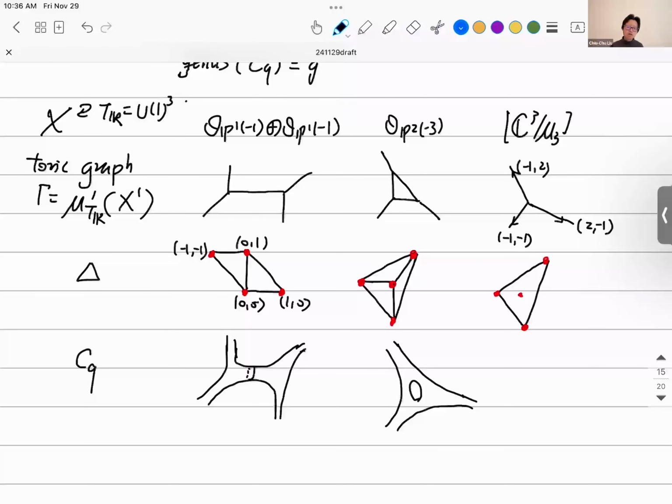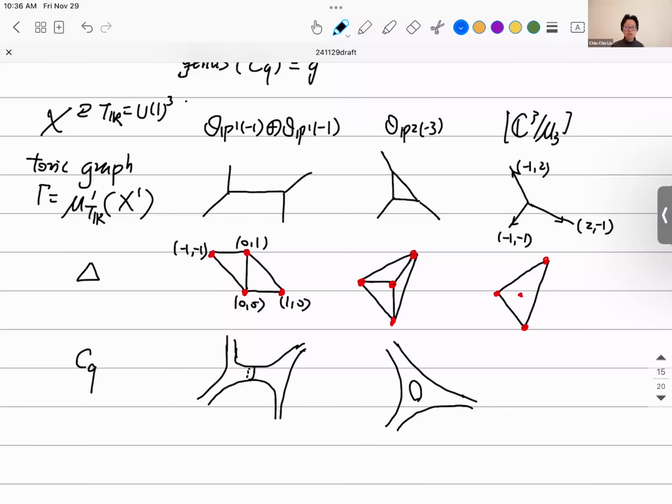And also the Kähler moduli space of P2 is one-dimensional. It's given by the symplectic area of a P1 in the zero section. So it's given by the size of this triangle.